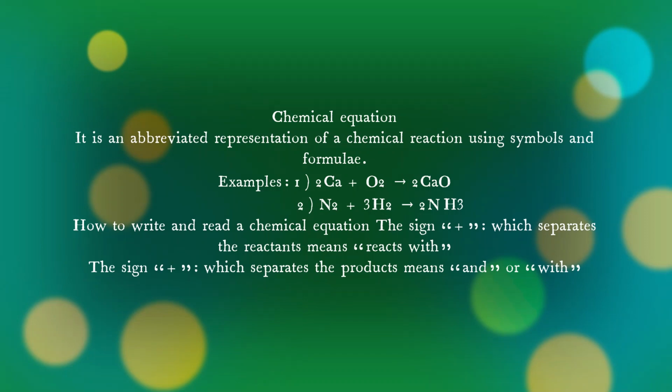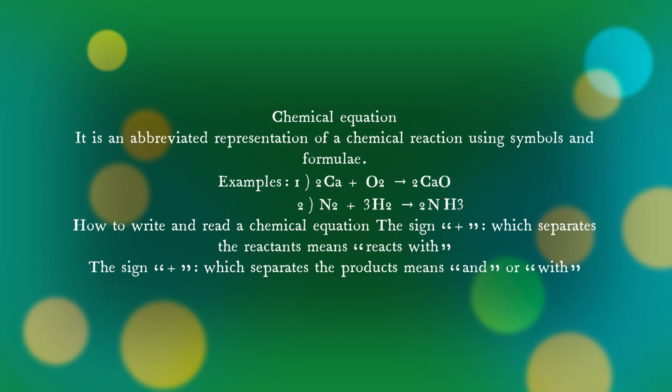The reactants are the substances which undergo the chemical reaction. The product is the result formed after the chemical reaction takes place. So in a chemical reaction, there is appearance of product and disappearance of reactant.